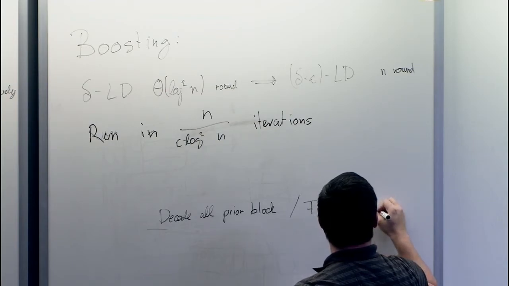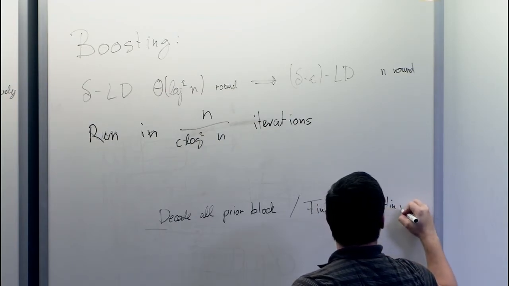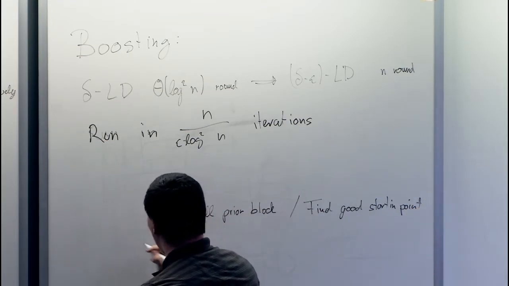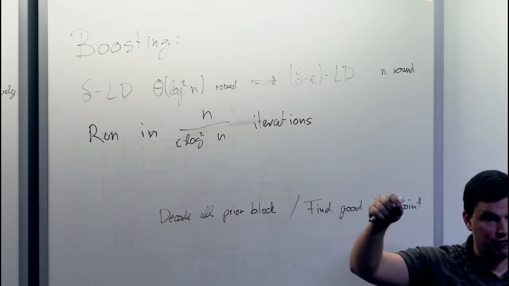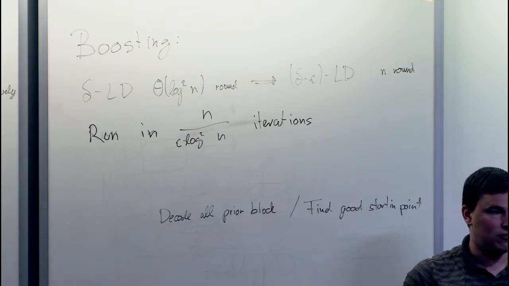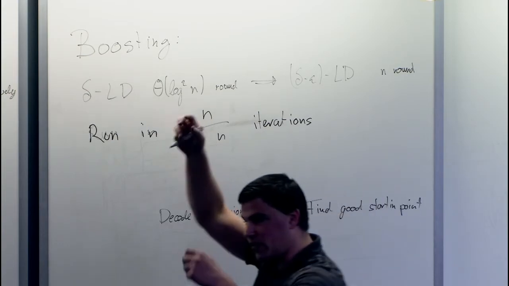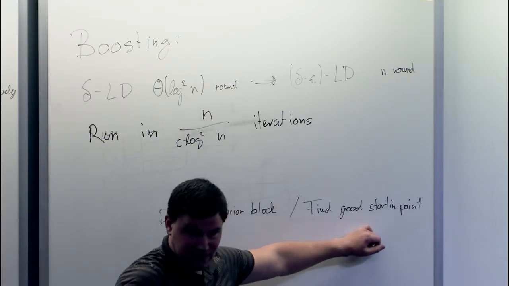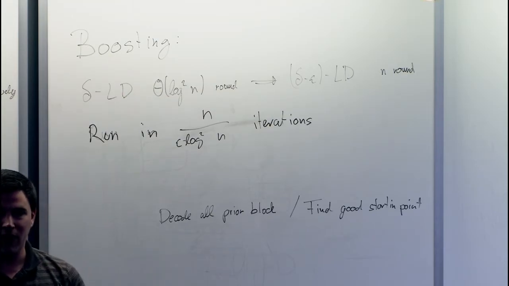Once we have the starting point, for log squared n rounds, we're just going to have the conversation. Right? So if you think of this big tree, we have already had some conversation that gives us some guess of where the right path might be. We find a good guess. I will make this more precise in a bit.